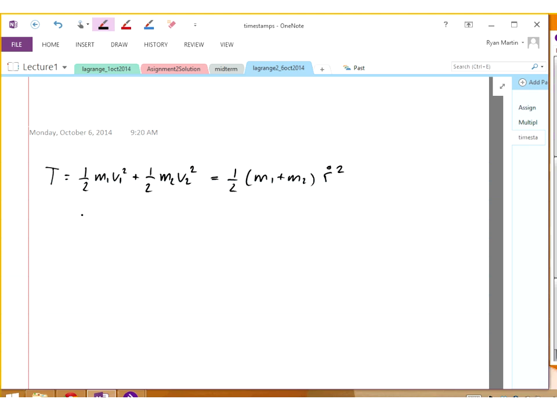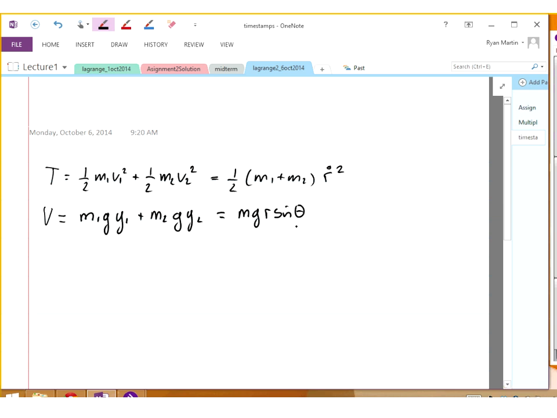Now, the potential energy, V, is m1 g y1 plus m2 g y2. And that's m1 g, and now I plug in the equation which I had for y1, which is r sine theta.